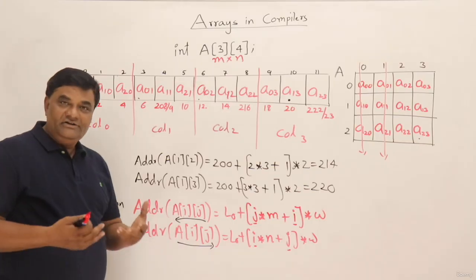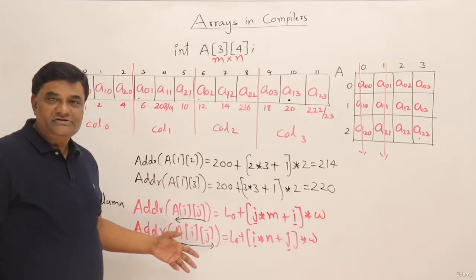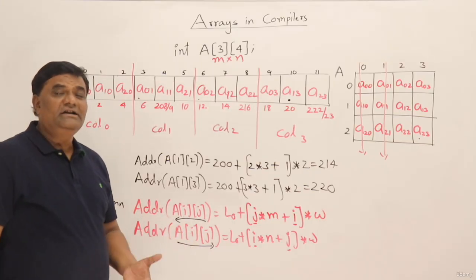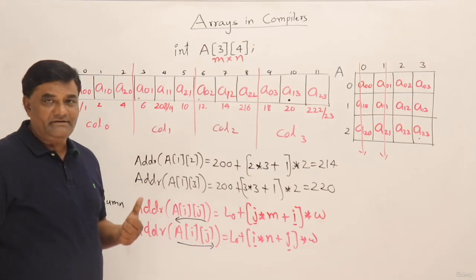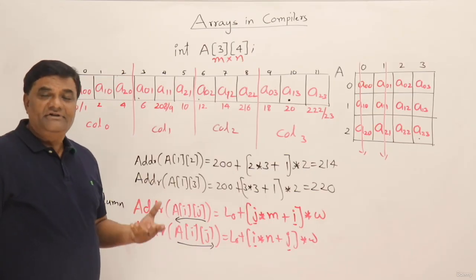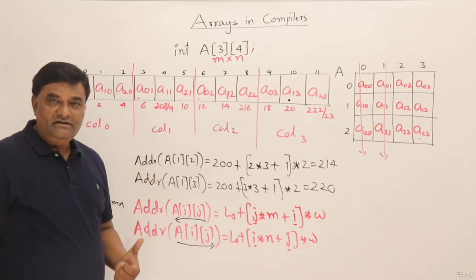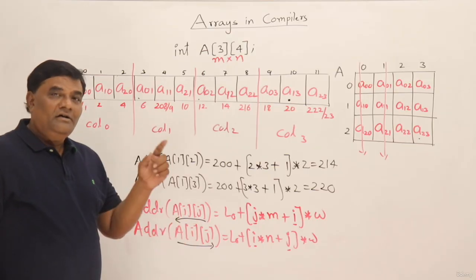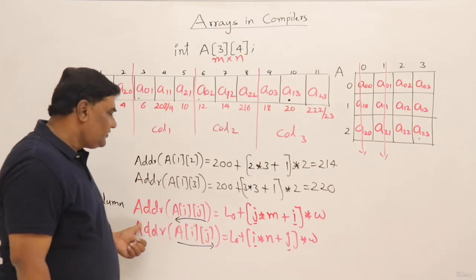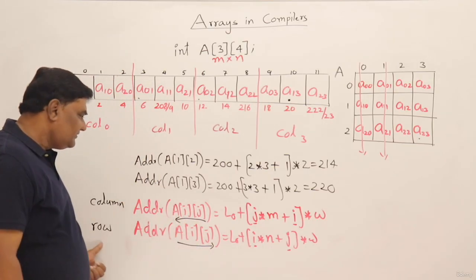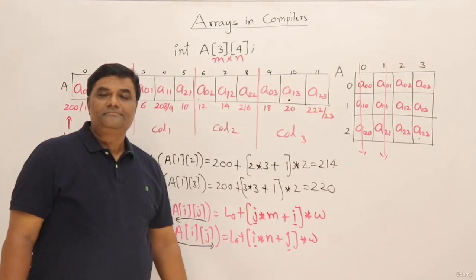If you are designing your own compiler, then you have the option to select either one. Both are equally efficient. We can't say one formula is better than another in any situation. But C++ follows the row measure formula.